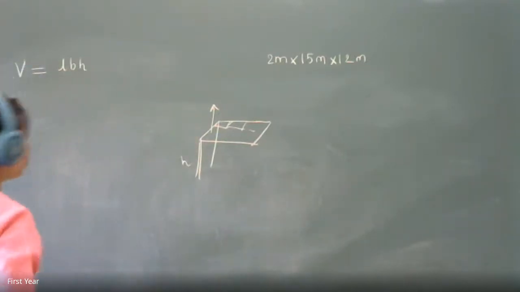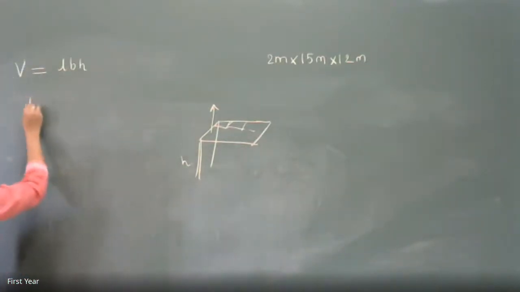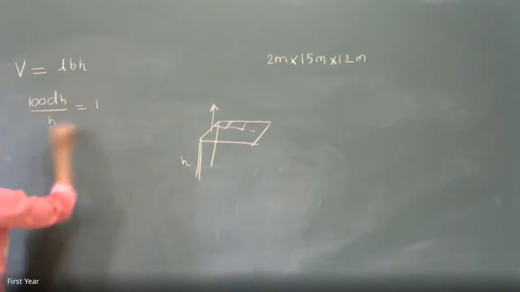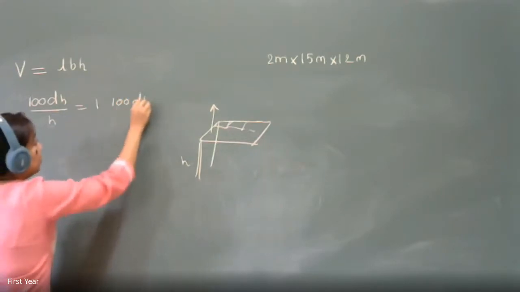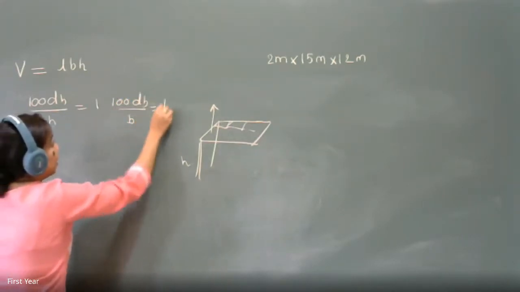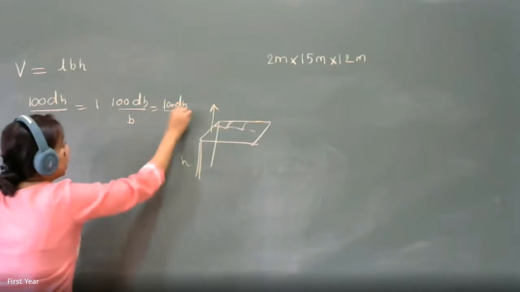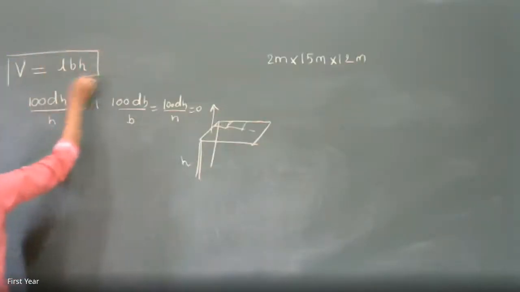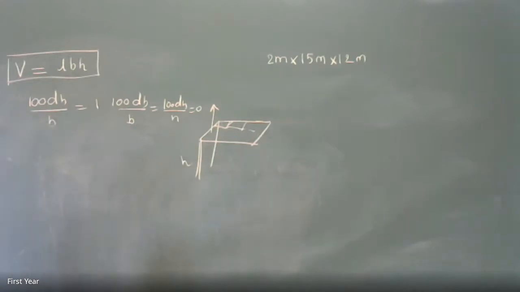Okay. So now what is given to us is this: 100 dH by H is 1, 100 dL by L is 0, and 100 dB by B is 0. There is no change in length and breadth. Is this okay? Fine. Your function which will have the error will be the volume that is being calculated.